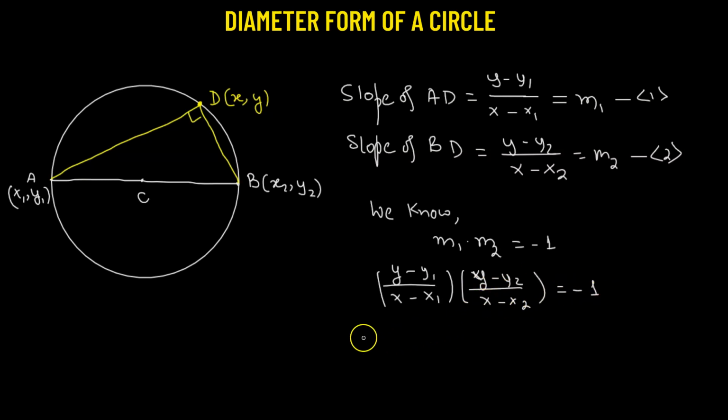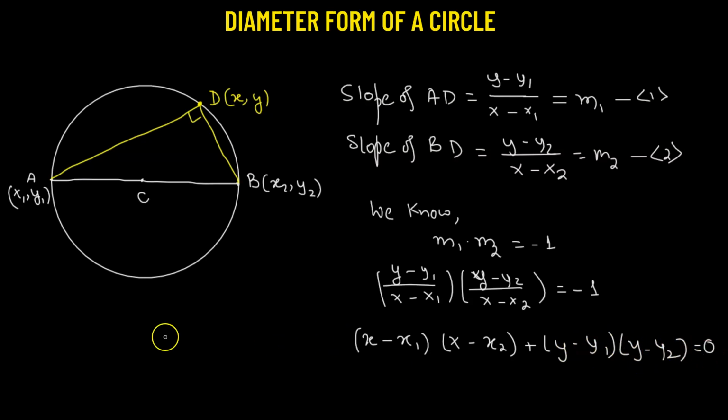If we simplify this, we're going to get x minus x1 times x minus x2 plus y minus y1 times y minus y2 equals 0. And this actually gives us the equation of a circle. So this is the equation of the circle when we have the information regarding the endpoints of the diameter.